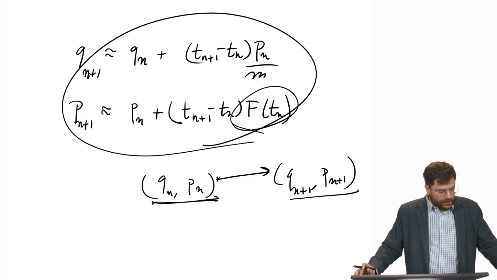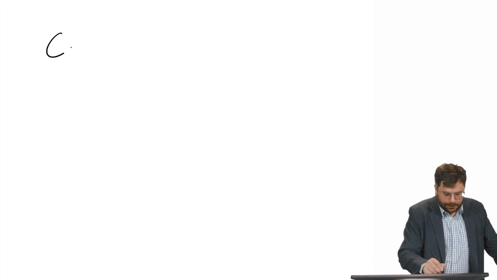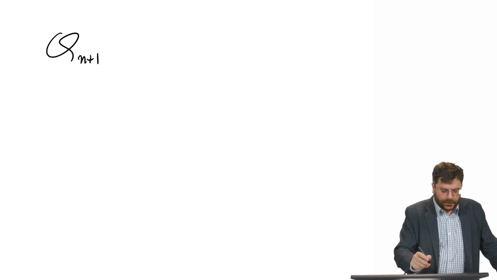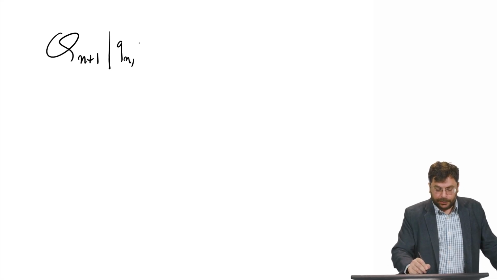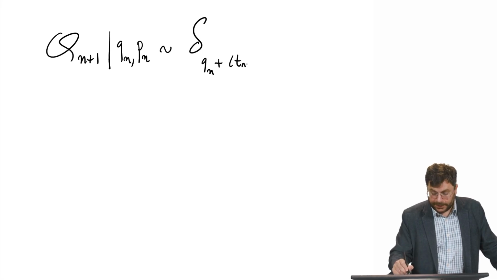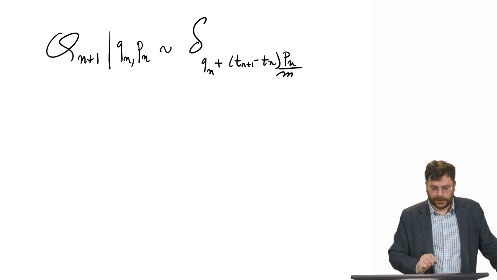So if we were to really nitpick at this and rewrite Newton's equations in a probabilistic way, we would say that the position at time n plus 1, given the previous position and the previous momentum, is drawn from a delta function, which is centered at what's dictated by the equations of motion that I just wrote down, Pn over m.